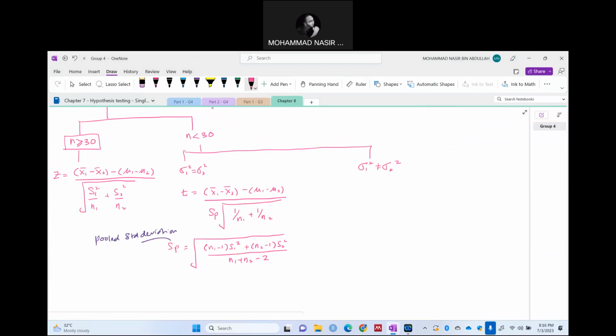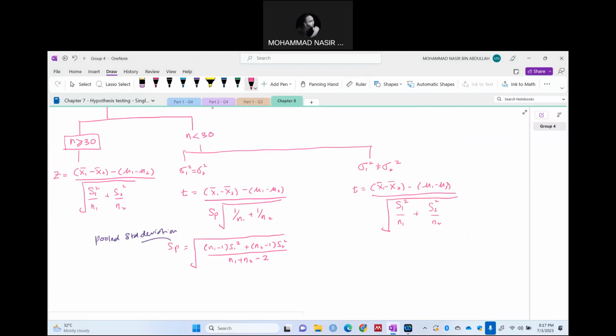So in this case, we're going to use T distribution, x bar 1 minus x bar 2 minus mu 1 minus mu 2 divided by, since the population variance is unequal, S1 square divided by N1 plus S2 square divided by N2. And of course, we're going to take the square root here.